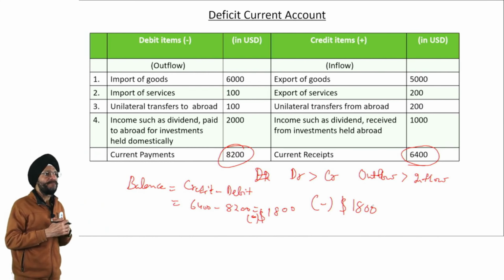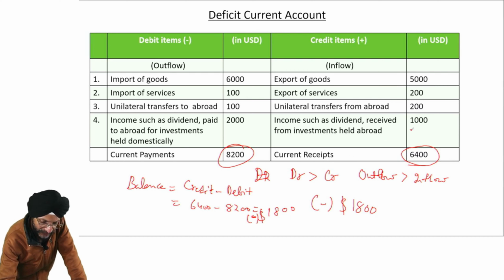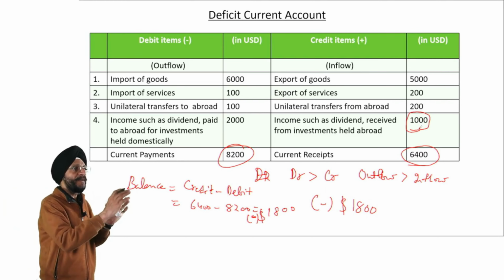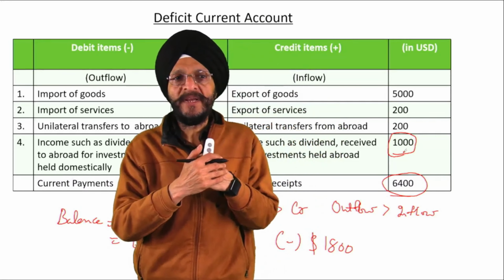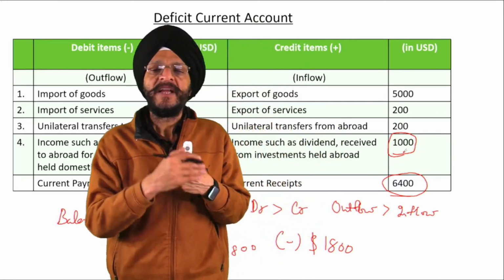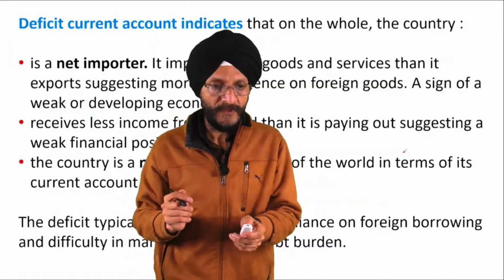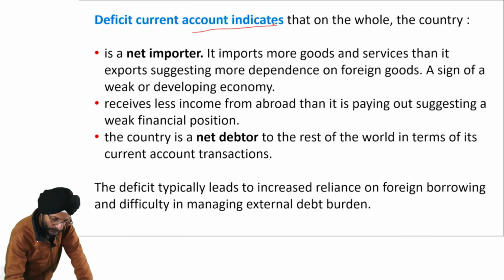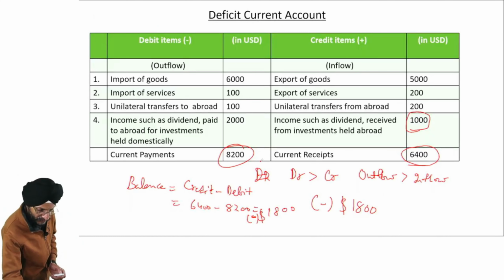It also shows that the country is receiving less income for investments held abroad in comparison to the payments which it has to make abroad for investments held by foreign investors domestically. Now, this deficit current account as a whole also shows that the country is a net debtor. Here you have seen that debit entries are more.